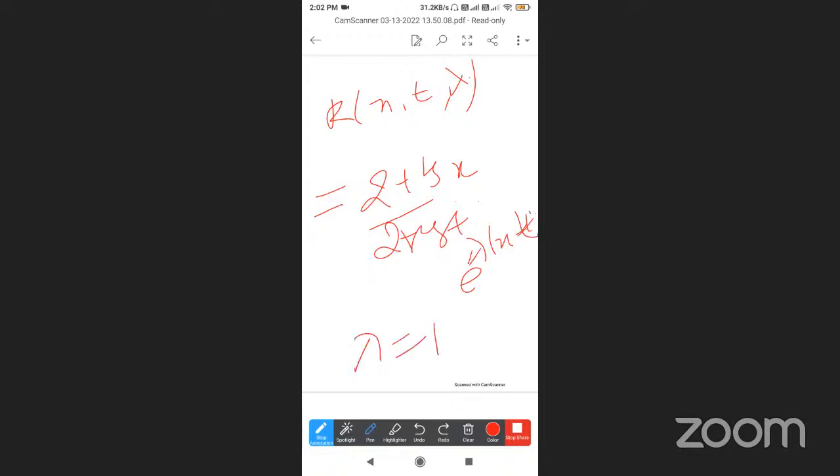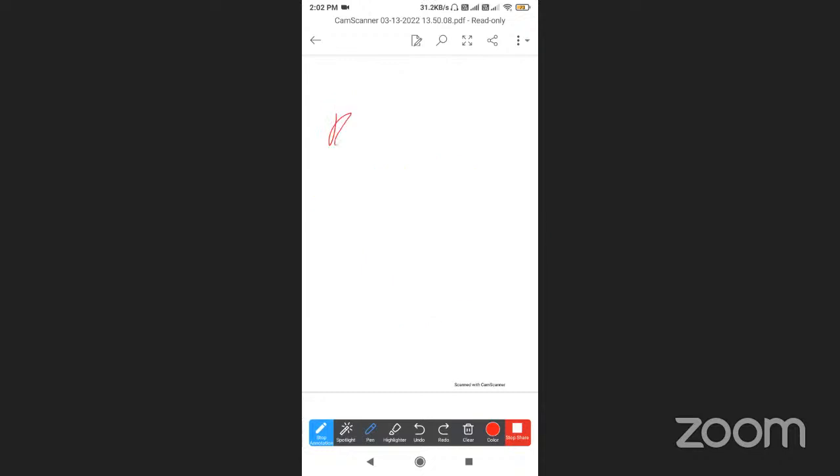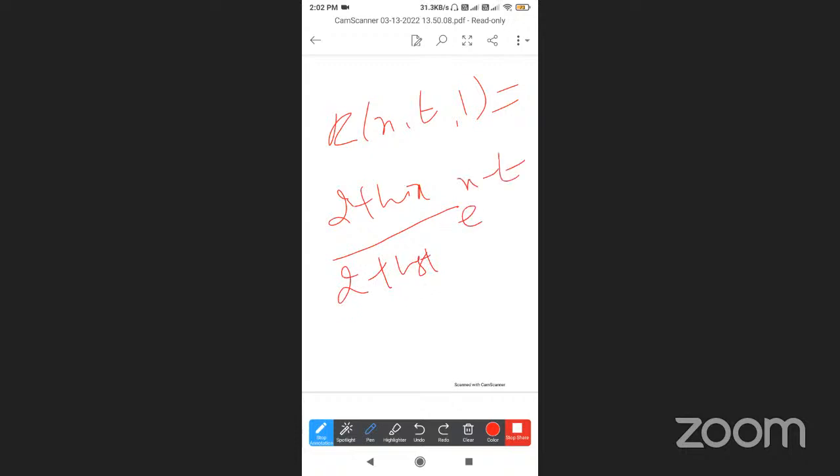The resolvent kernel of x comma t comma 1 is equal to (2 plus cos x) by (2 plus cos t) into e power of (x minus t), using small t. This is the resolvent kernel formula.